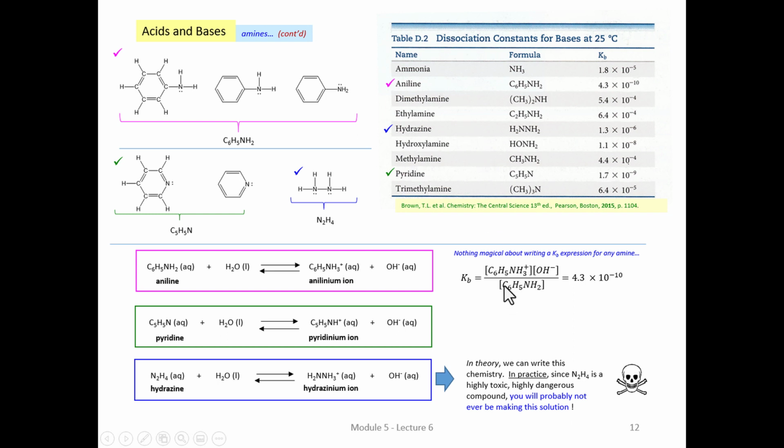And the strength of these amine bases depends typically on what's attached to it, whether that attachment is donating electrons and making that lone pair more attractive to an H plus, or somehow withdrawing electrons, making that lone pair less attractive to hydrogen ions. You'll be seeing some of these compounds in future lectures.